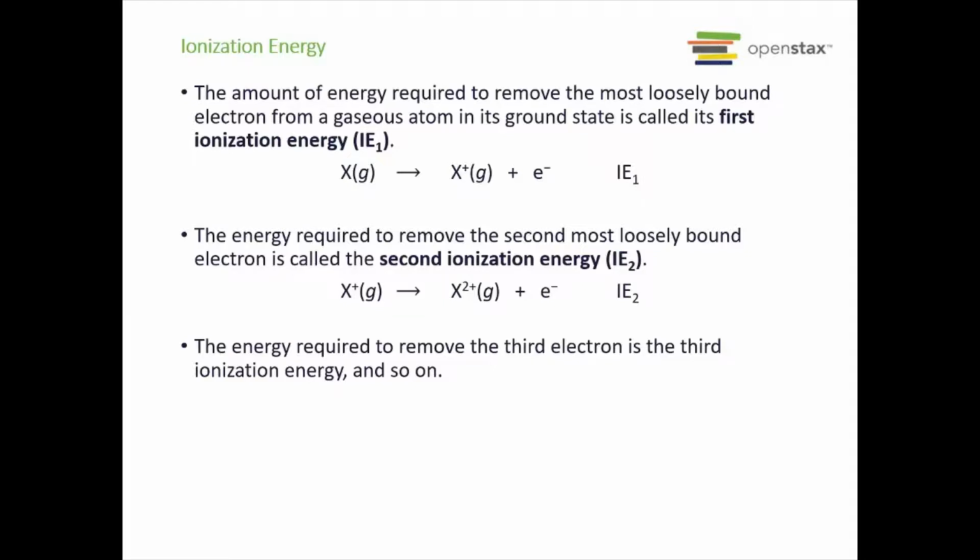So you've got whatever your atom is in the gaseous state, and it becomes positively charged, gives off an electron. And then you can put in more energy to take a second electron out for the second ionization energy. So now you have this X+ ion becoming a 2+ plus another electron. And then there's the third ionization energy, and so on and so forth.